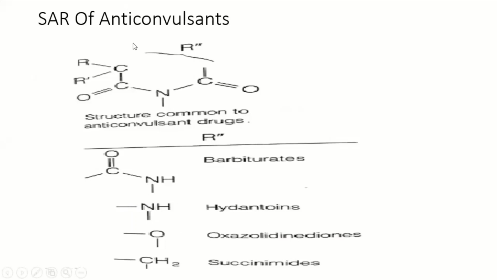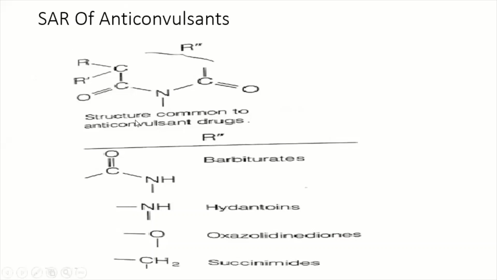Then in this R double dash position, when there is an NH group, those class of drugs are called the Hydantoins. When there is an oxygen atom, you get the oxazolidines. Similarly, in this position, when there is a CH2 group, this is called the Succinimides.